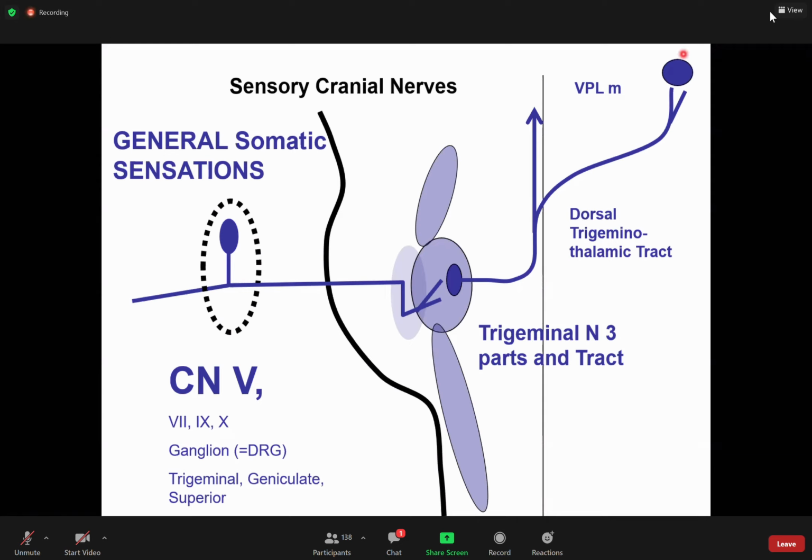These fibers from the trigeminothalamic tract are going to go to the ventro-posterior medial nucleus of the thalamus. And from there, the third order neurons will arise, which will go to the post-central gyrus. So this is the pathway of general somatic sensations from the head and neck region all the way to the post-central gyrus.